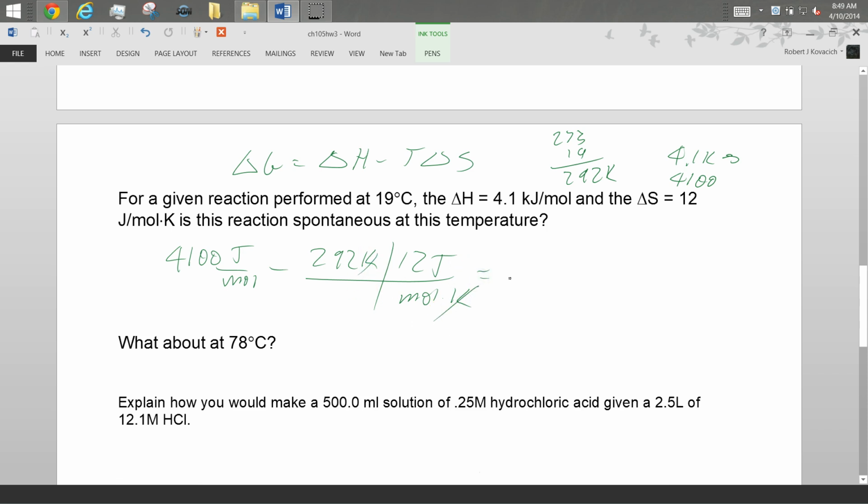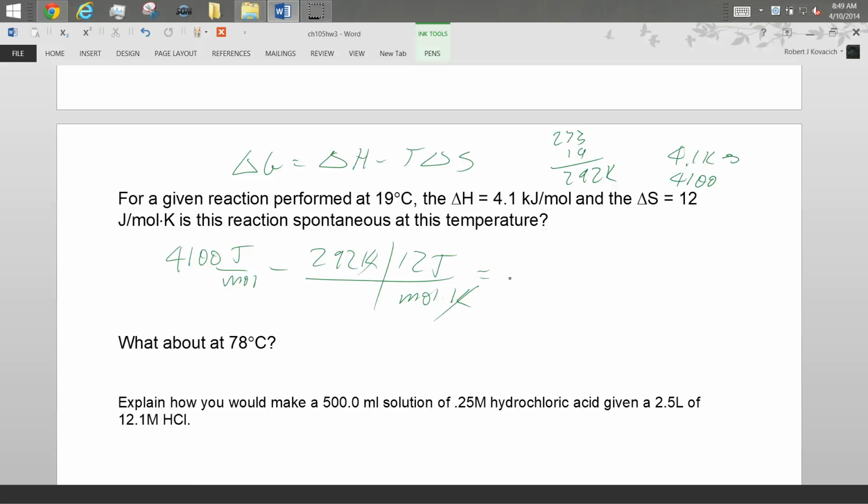I have to cancel the K's out, otherwise I can't subtract off those two terms, because they have to have the same unit when you're doing addition and subtraction. And let's see, I've got 4,100 minus 292 times 12.